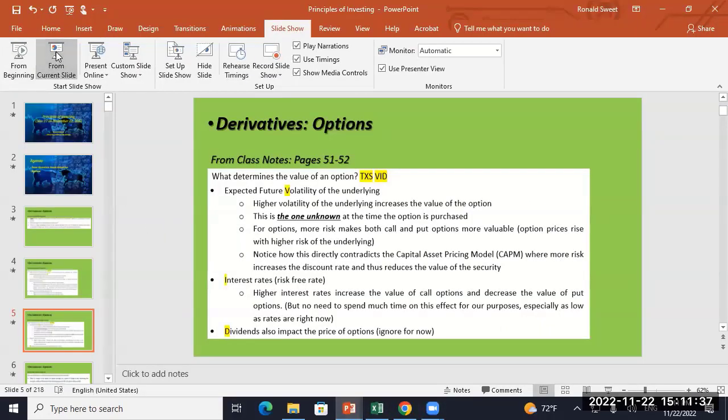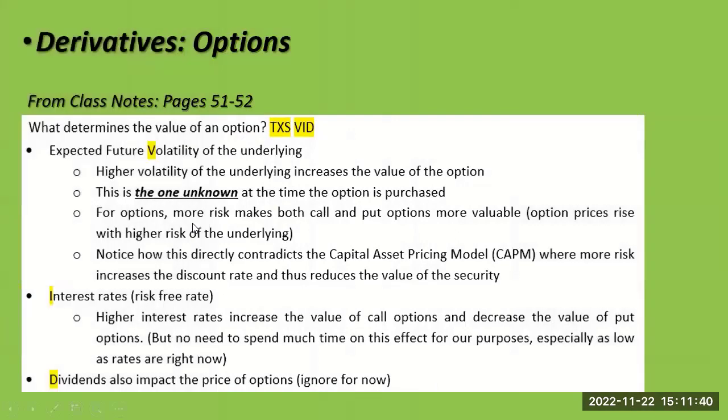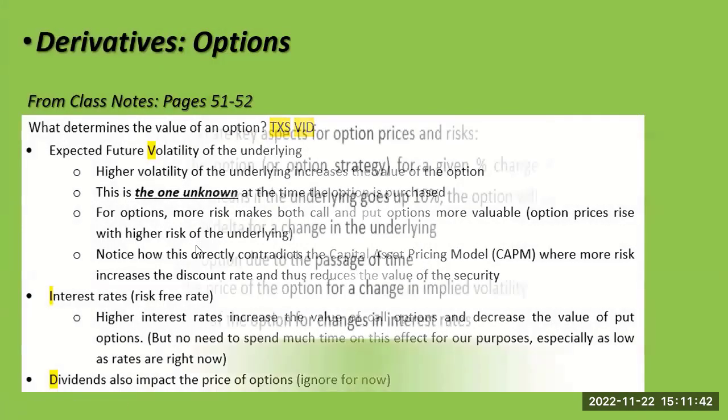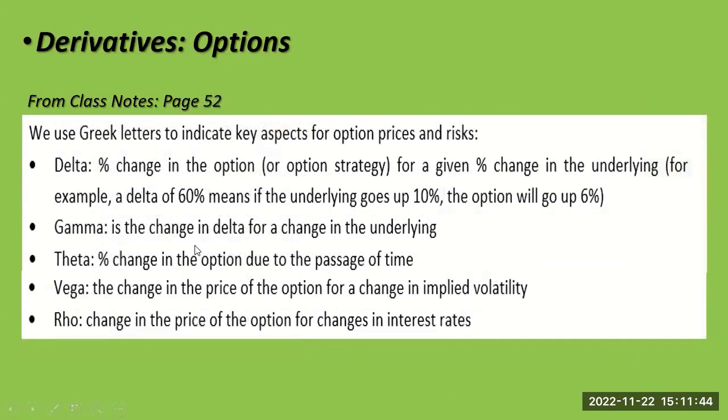All right, so there's the inputs. We use Greek letters to try to figure out how sensitive the option is to different things. So delta, gamma, theta, vega, and rho are the ones that we use. Delta is the easiest one.